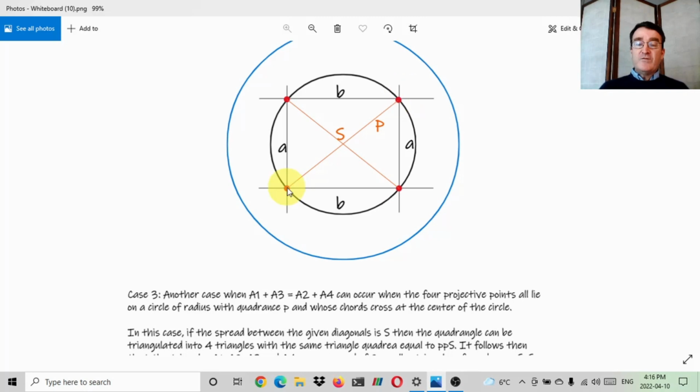It's P times S times P. So the quadrea of this triangle is equal to the quadrea of this triangle, given these 3 points, is the same as the quadrea of this triangle by these 3 points, in the center of the circle.